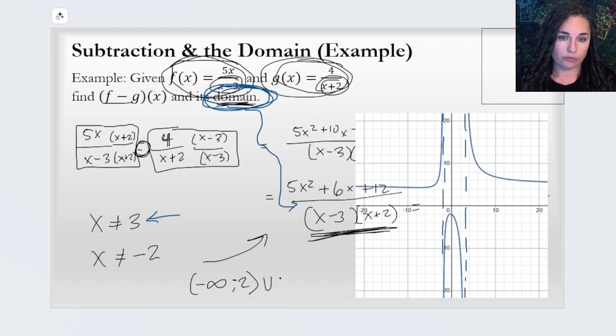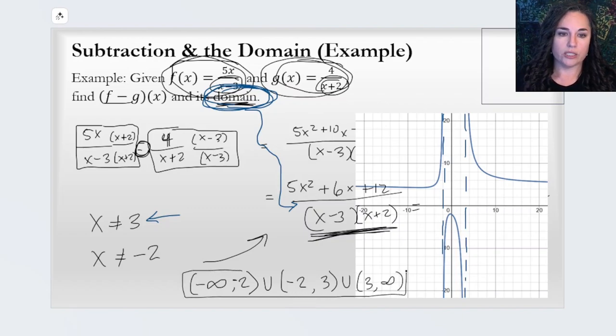I'm going to union it for that region between negative 2 and positive 3. You can see it's negative down in there. That's that little portion here. So I'm going to say it can't equal negative 2, and it can't equal 3, but there's definitely a domain in there where I have real numbers. And then also this final region, when it's on the right side of the graph, is from a positive 3 all the way up to infinity. And so that would be the domain for this composition of functions result.